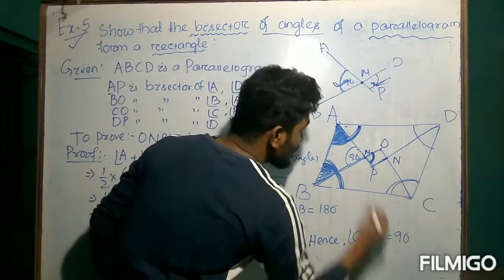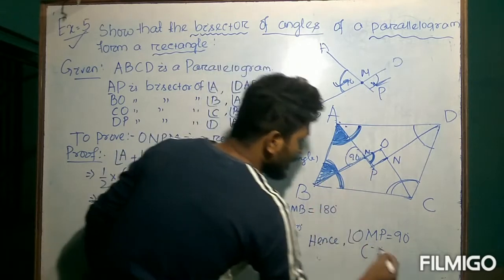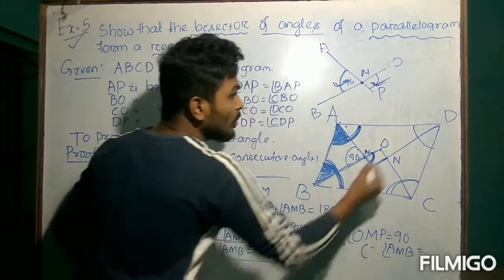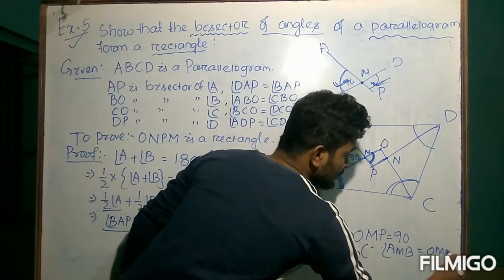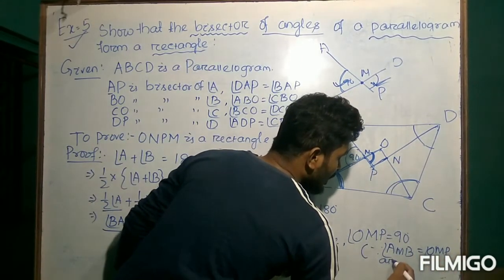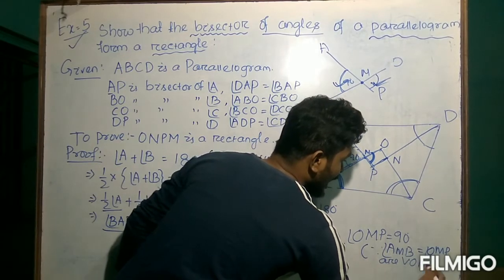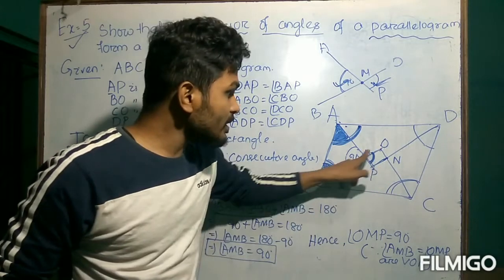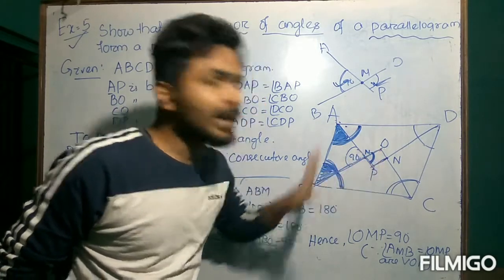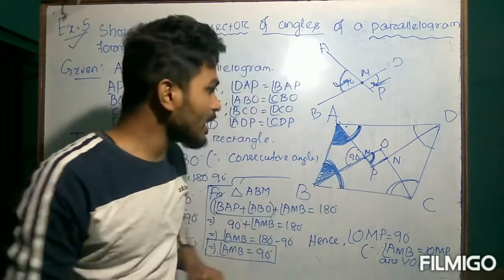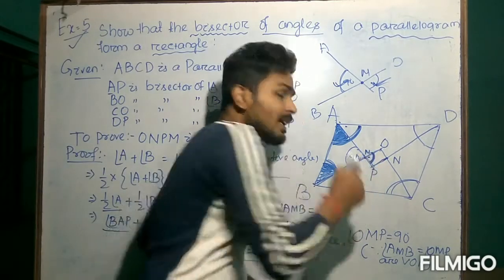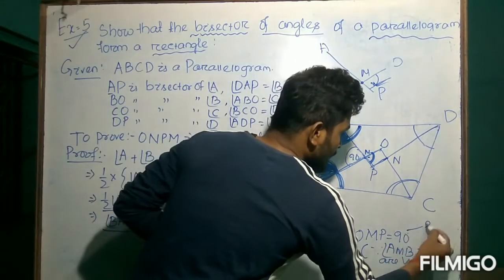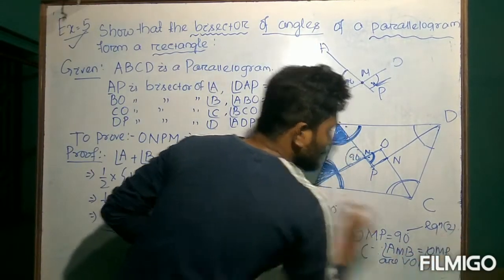Since angle AMB is equal to OMP, they are vertically opposite angles. Understood? So we have found that for this small quadrilateral OMPN, this angle must be 90 degree. Understood? So now it is proved. Let's say this is equation 2.